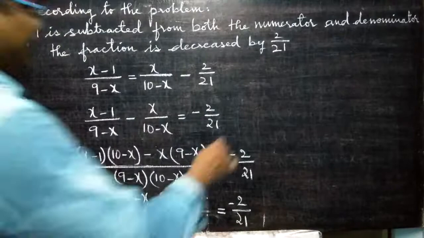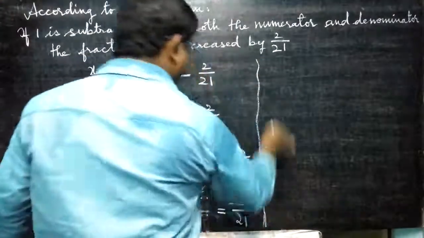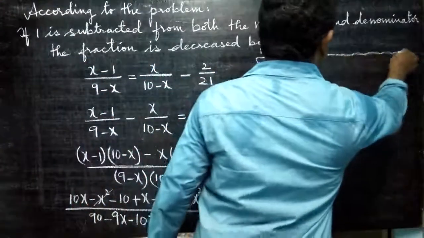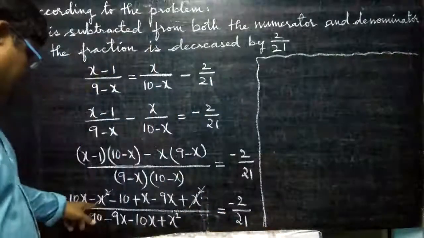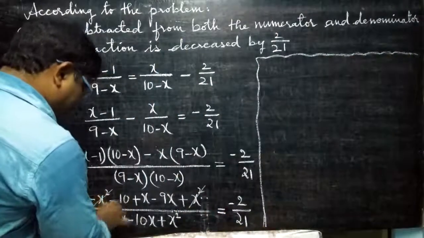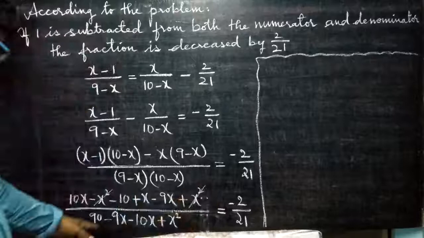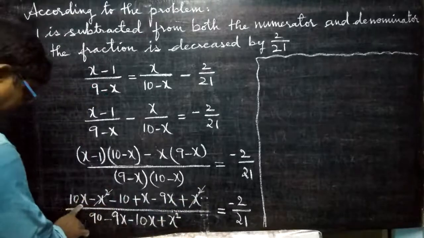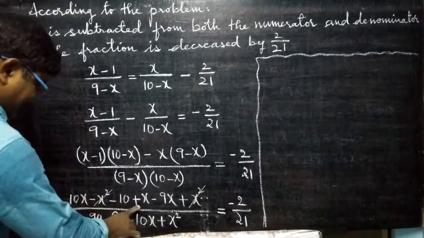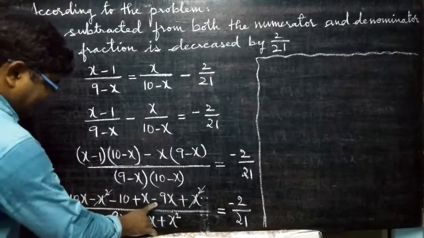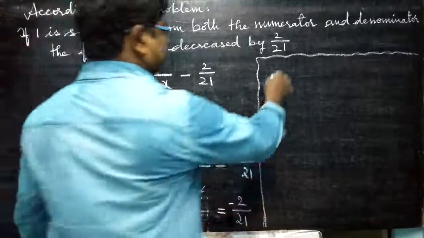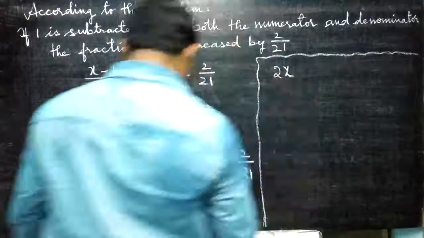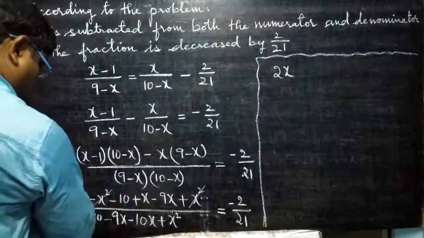Now simplify slowly. Be careful, and first minus x square plus x square get cancelled. 10x plus x is 11x. 11x minus 9x is 2x. And here minus 10 is there. No more constants.